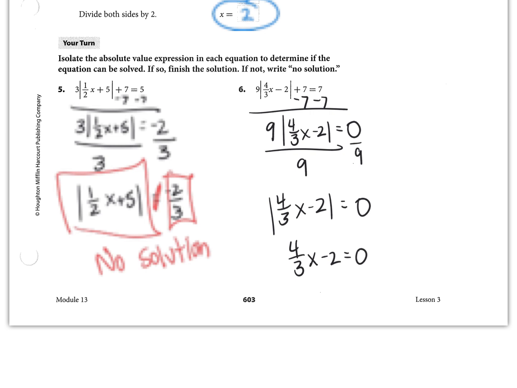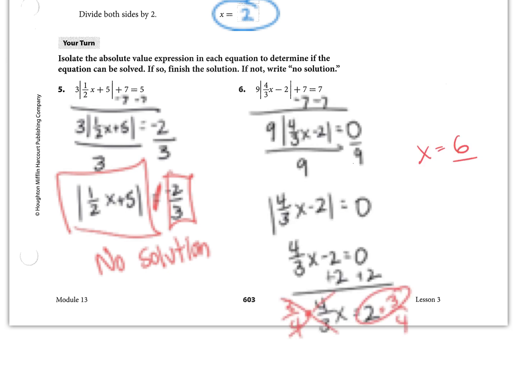It is its own opposite. Then we add 2 to both sides. So 4/3 x equals 2. We can then multiply by 3/4 on both sides. The 3's divide out, the 4's divide out. So x equals 2 times 3 is 6/4. Or we can reduce that to 3 over 2, or we can say that is 1.5.